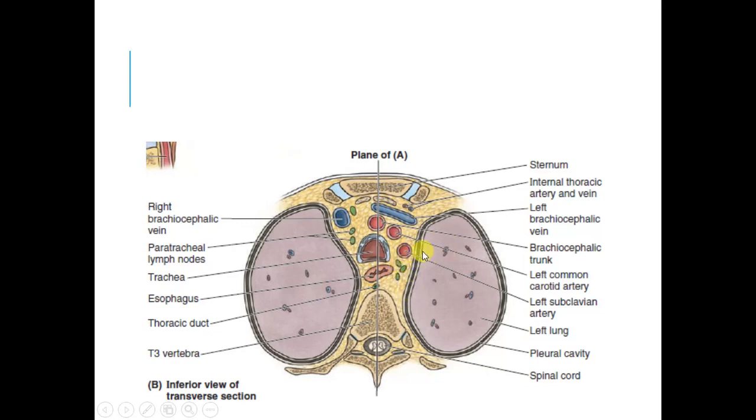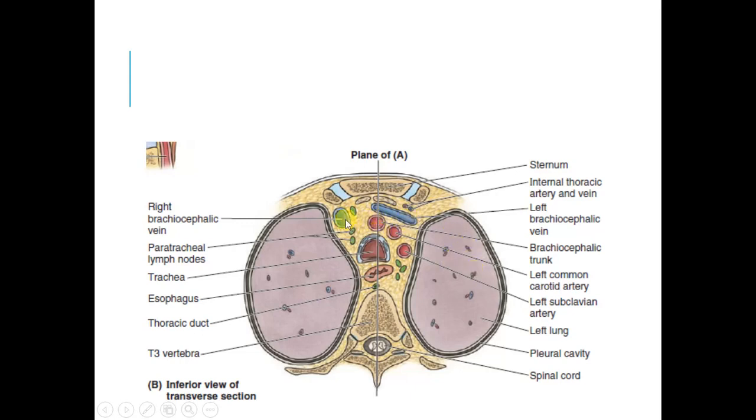It's a transverse section showing the inferior view of the superior mediastinum, that is, seen from below. So if you are seeing from below, this will be the brachiocephalic trunk here, and this one is the left brachiocephalic vein.